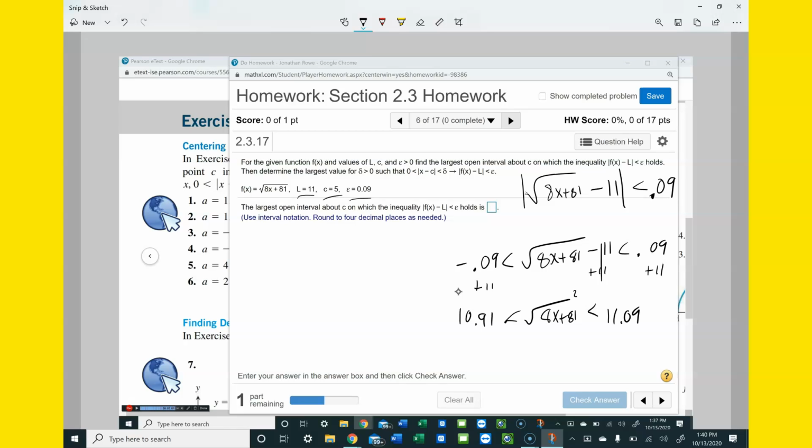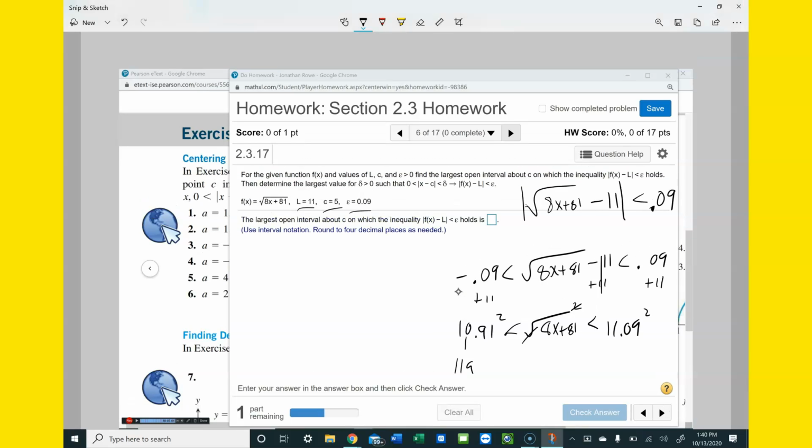Then I will square all the sections, and that will give me 119.0281 is less than 8x plus 81, which is less than 122.9881. Then I'm going to subtract 81.